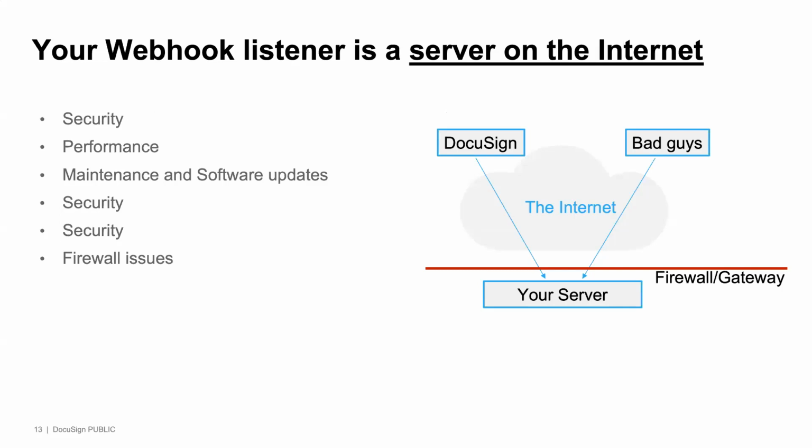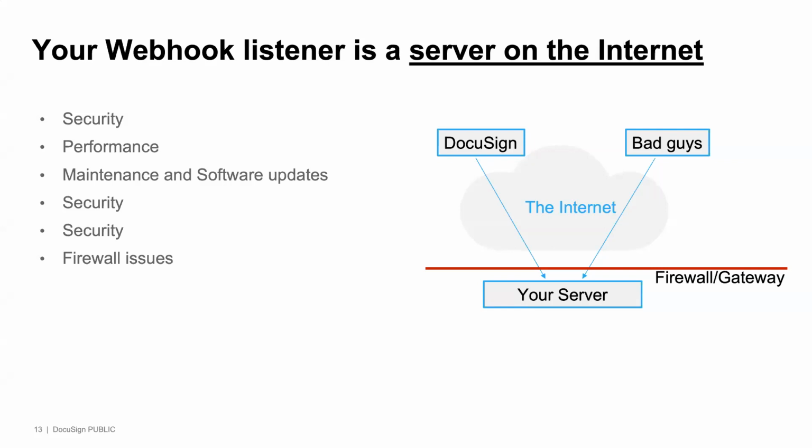Okay, switching gears slightly, let's now talk about your webhook listener, which, remember, is your server. The key thing to remember is that the server that's going to receive the notifications must be a server on the public internet. So you are now hosting a machine on the public internet.